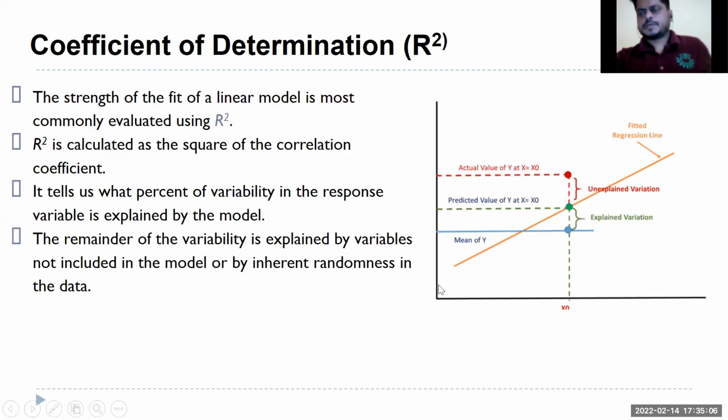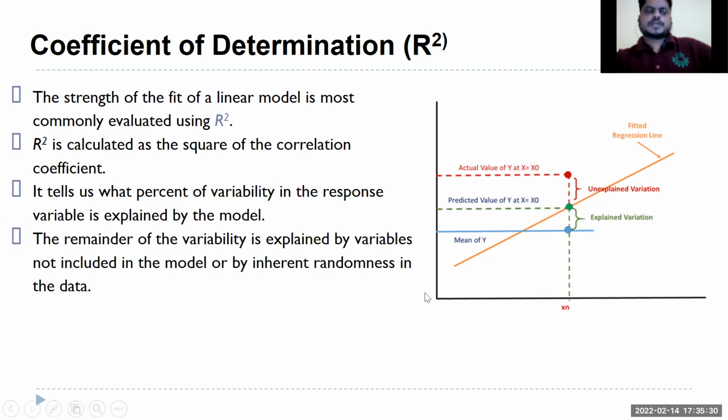So obviously, R square is nothing but the amount of explained variation in terms of total variation, right? Because whenever you are creating a model, like I said, certain values will be random. We will not be able to predict with 100% accuracy, right? So what R square says is how much the explained variation is in comparison to total variation.